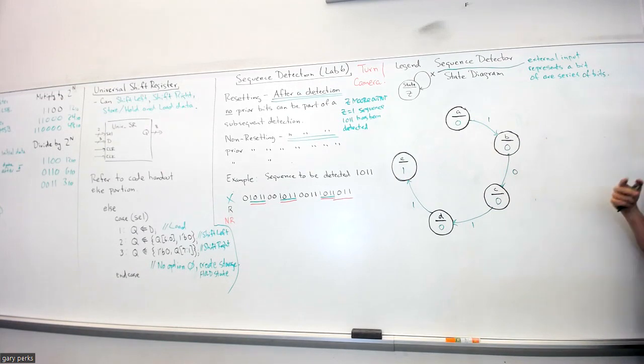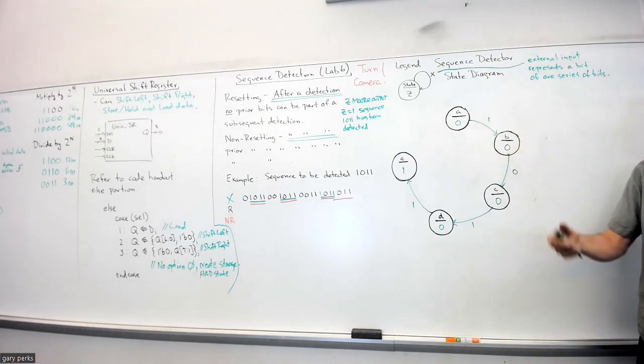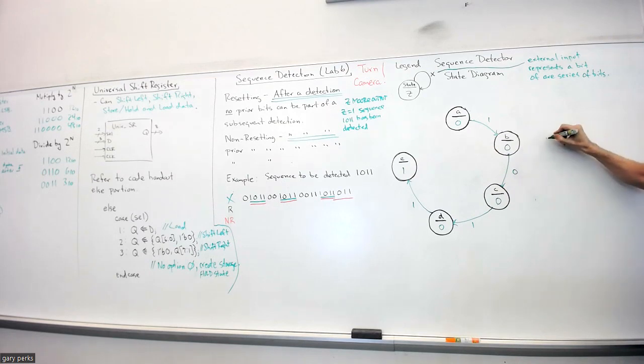What I like to do, because this helps me, not everyone has to do this, is write down next to each state what it took to get there. State A, that's where we started, so you just start there. But to get to state B, we needed a 1.